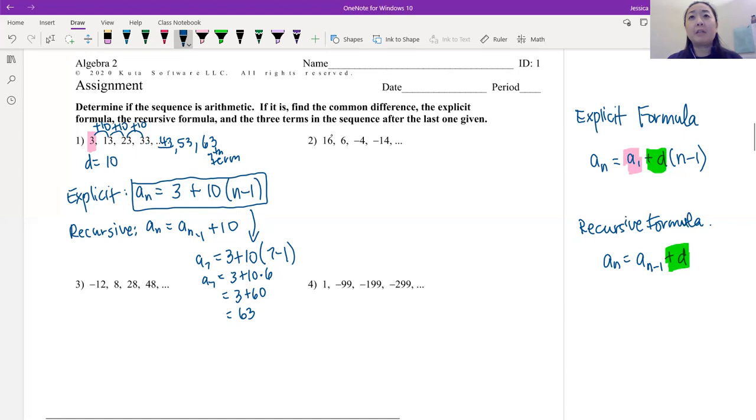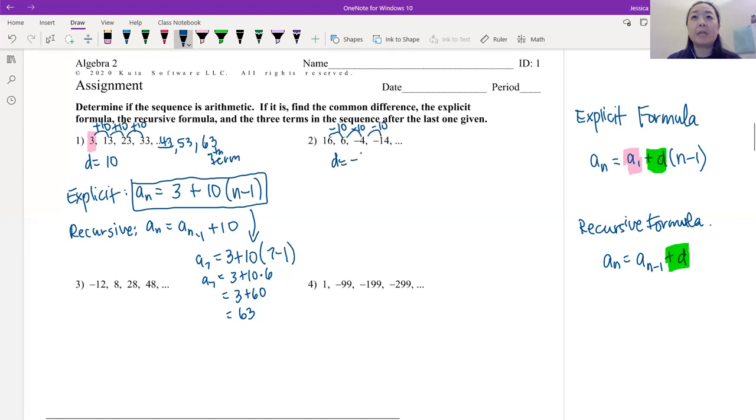And here, if you take a look, okay, we're definitely getting smaller. So we're going to be subtracting, right? So how much are we subtracting? It looks like we're subtracting by 10, right? Ooh, subtract 10. Just to make sure, yeah, -4 minus 10 is -14. If you're not good with your negatives, put it in the calculator, see if it works. Just make sure you put it in right.